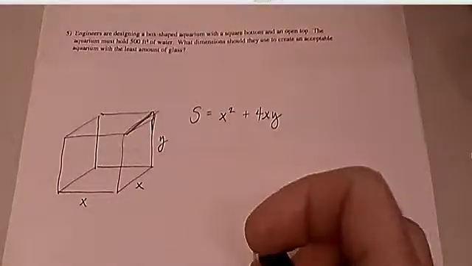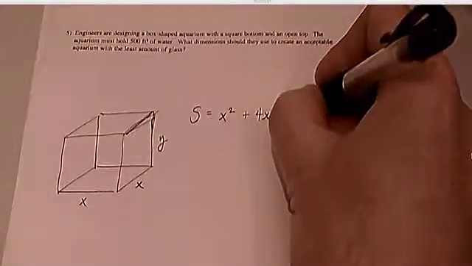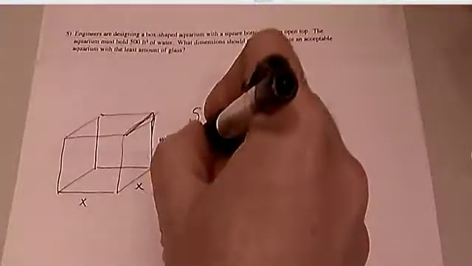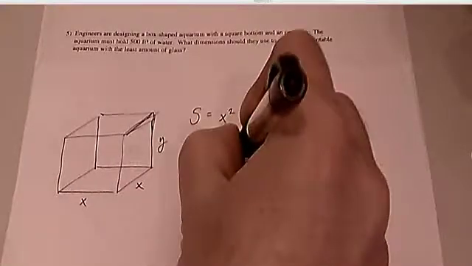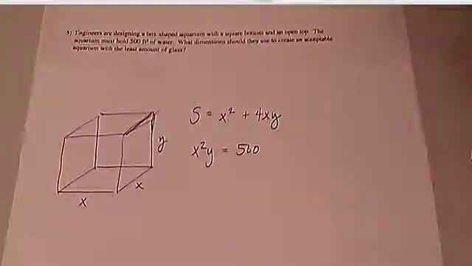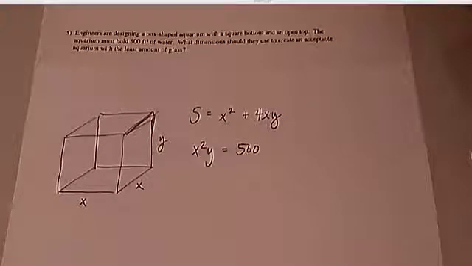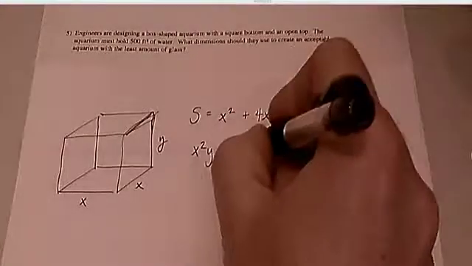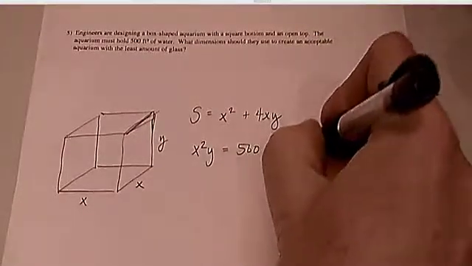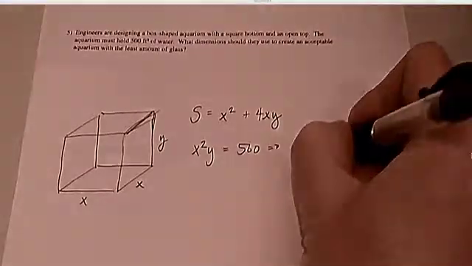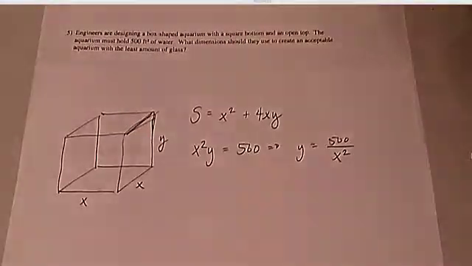But we also have a volume relationship. I know that x squared y is equal to 500. That's pretty significant because that means that y is equal to 500 over x squared.